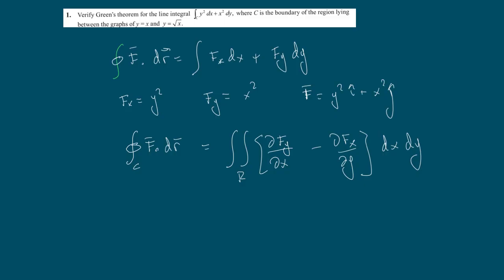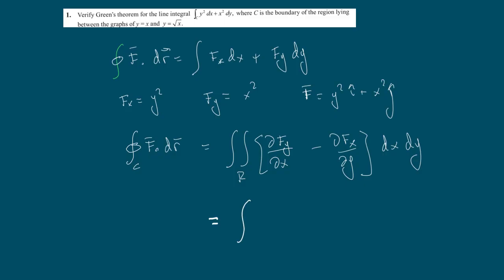Let's find what this part will be, and later on we will find a number. Let's check that the number that we find here is the same number if we do the line integral of this vector field over the boundary of these two curves. Okay, this is the easiest part. Let's start with the easiest part.